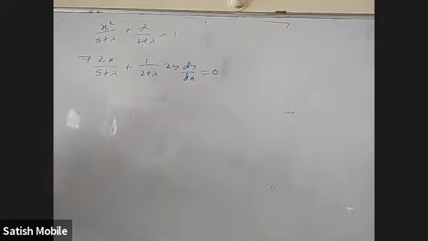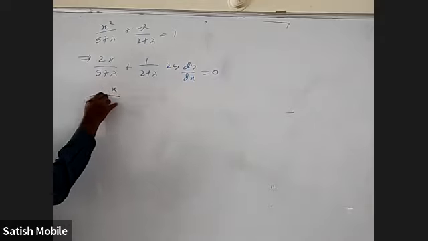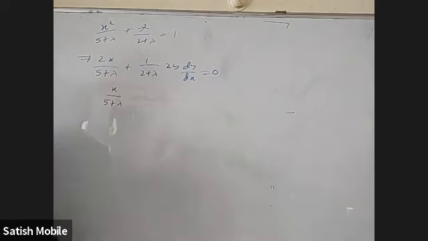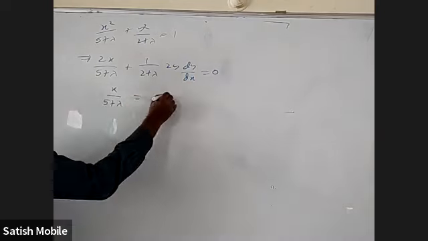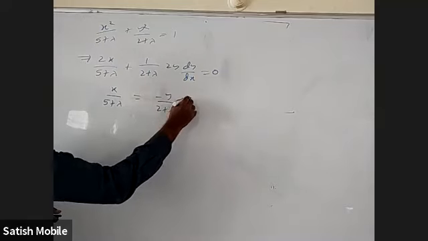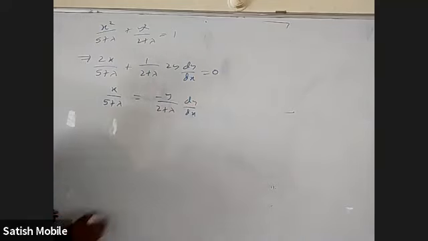Now we have to see how we can eliminate lambda from this. x by 5 plus lambda is equal to minus y by 2 plus lambda into dy by dx.